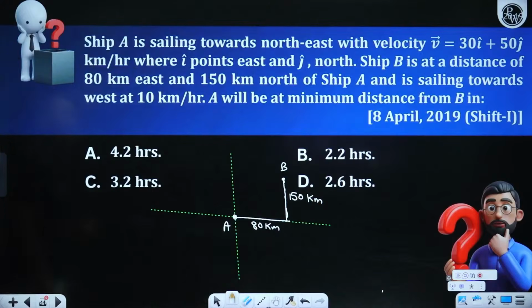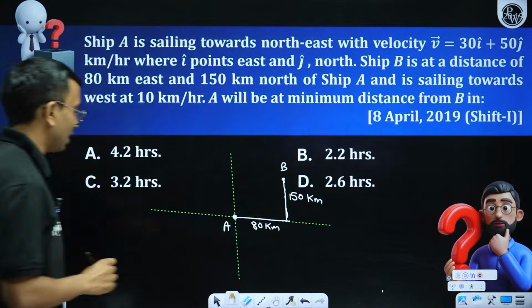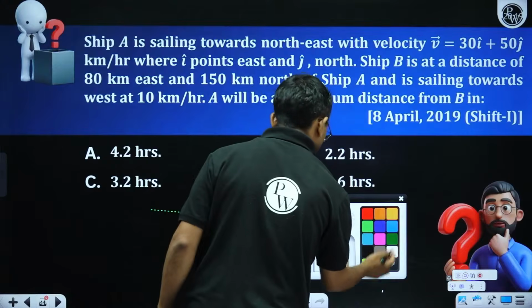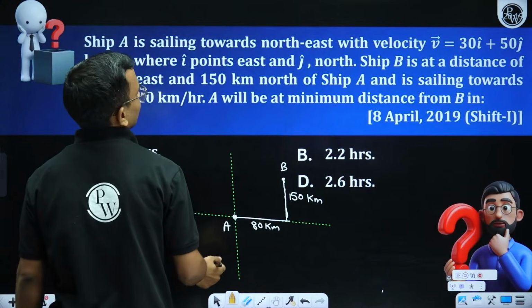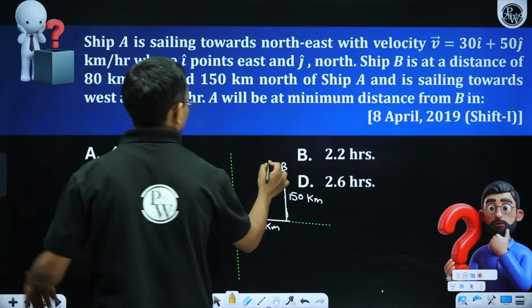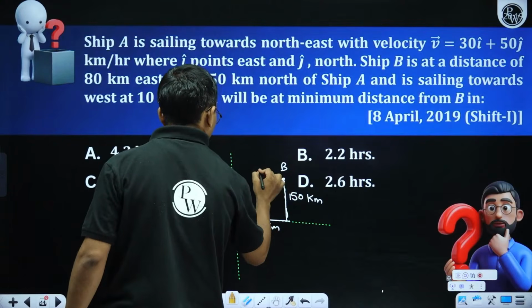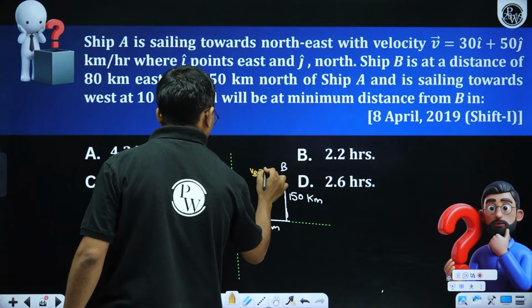Okay. B is sailing towards west at 10 km per hour. This is the velocity of B, 10 km per hour.